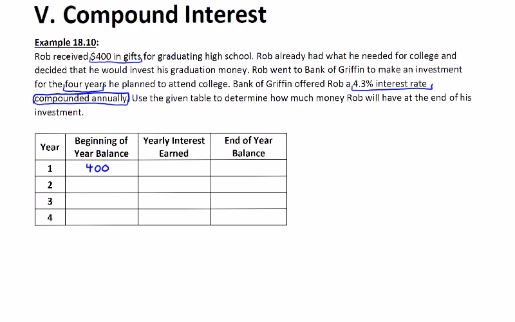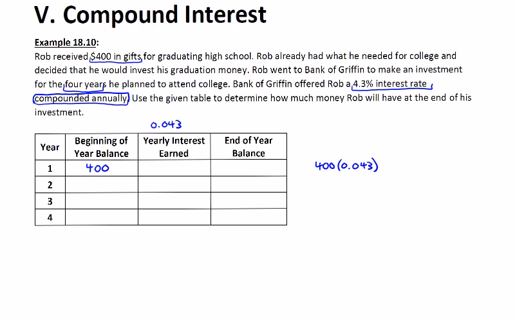The interest rate, 4.3%, needs to be turned into what we call the decimal form of the rate. And that would be 0.043. So you're going to take the $400 and multiply it by 0.043, and this is going to end up giving you the amount of interest that he's going to earn.